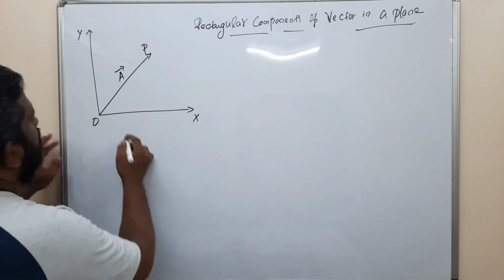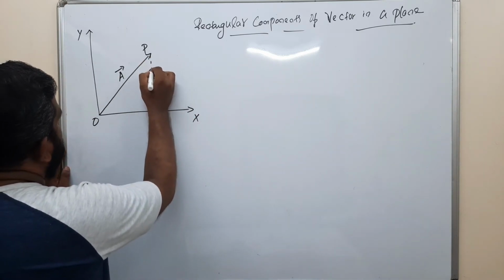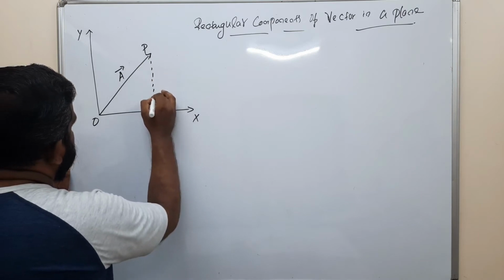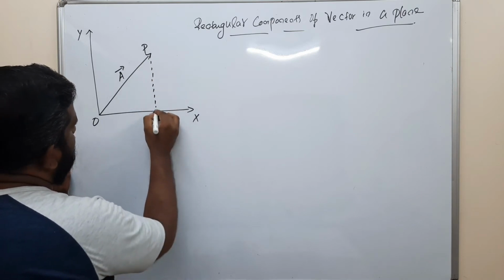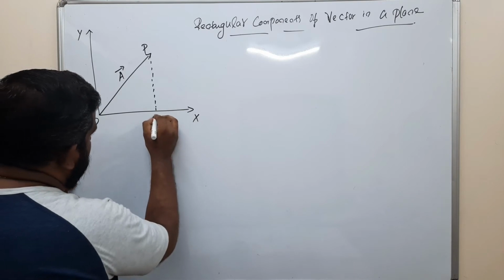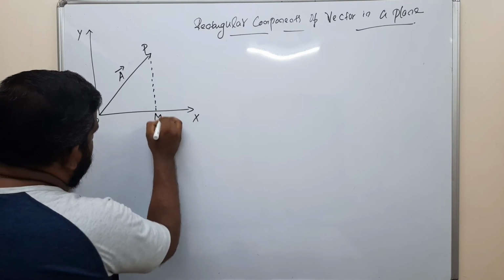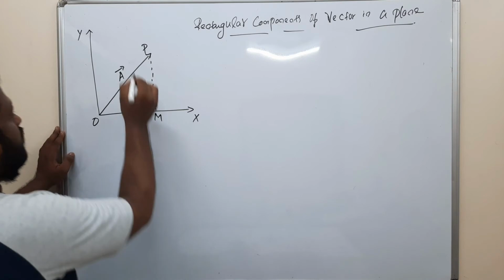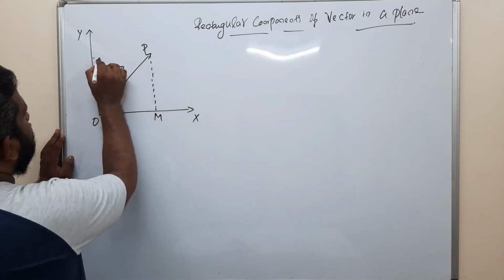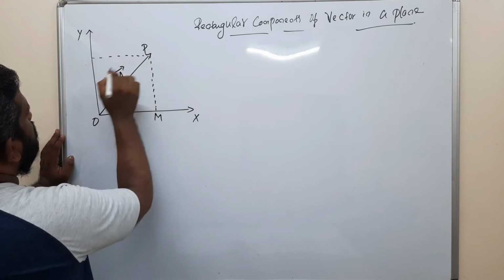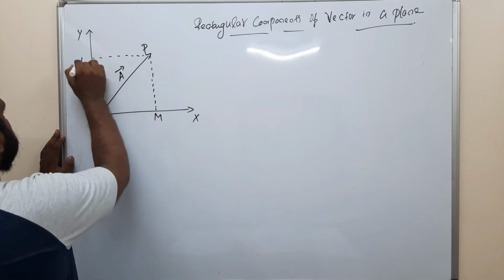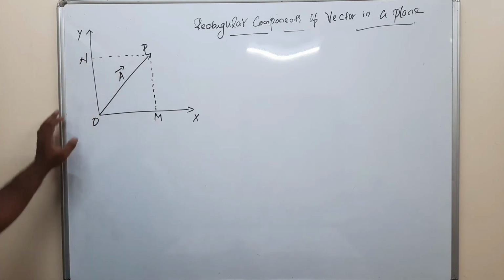So the projection of this vector on the x-axis is OM, and the projection of this vector on the y-axis is ON.